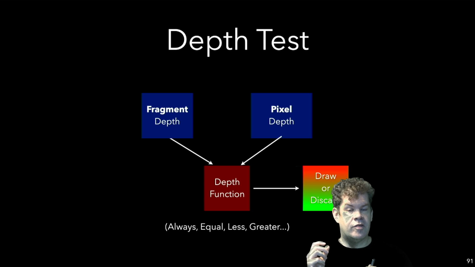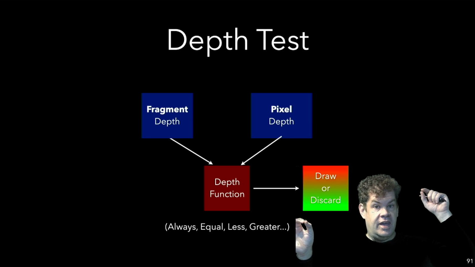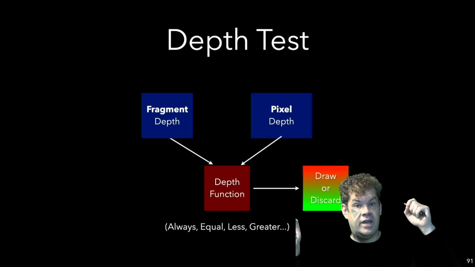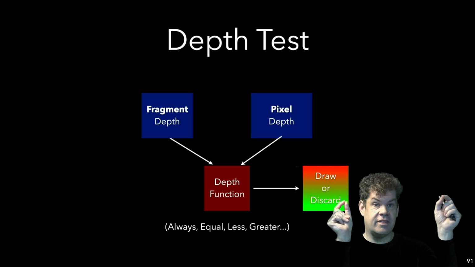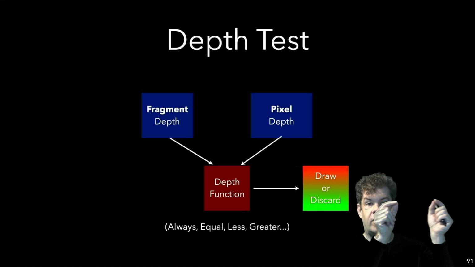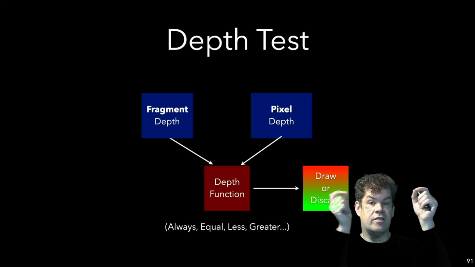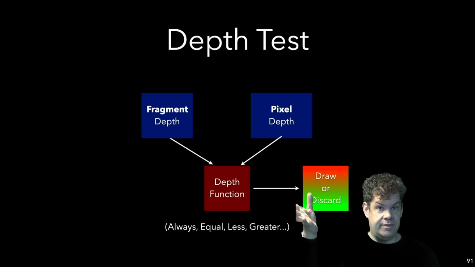Okay, so we now have 3 tests. One test, fragment against reference, called alpha test. One pixel against reference, called stencil test, and one pixel against fragment. So each pixel gets tested against its corresponding fragment, or the other way around. Each fragment gets tested against its corresponding pixel. And we call this the depth test or z-test.